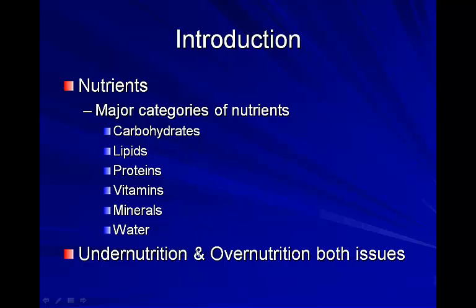And really, overnutrition and undernutrition are both major issues in health today. We tend to hear a lot about overnutrition, especially in the sodium, the fats, and the sugars, and we see that with the obesity epidemic. But undernutrition is an issue too. A lot of times you will see people that are overweight or obese, but are really malnourished.